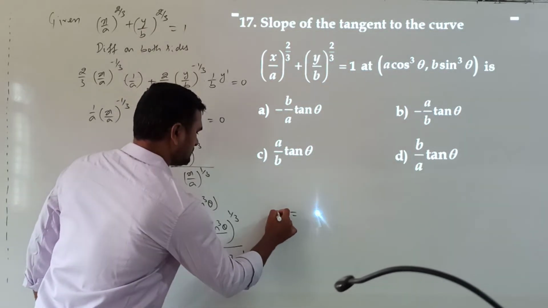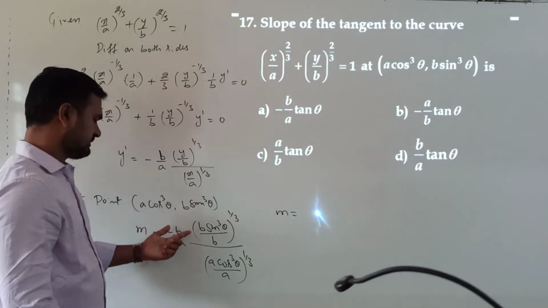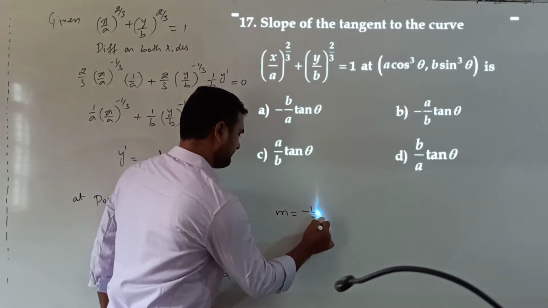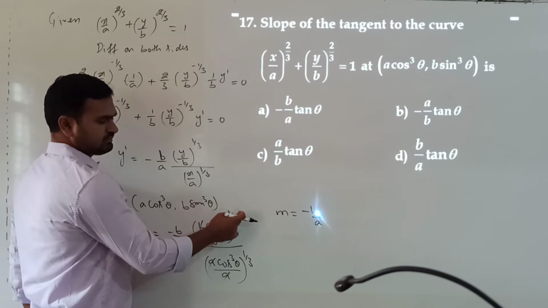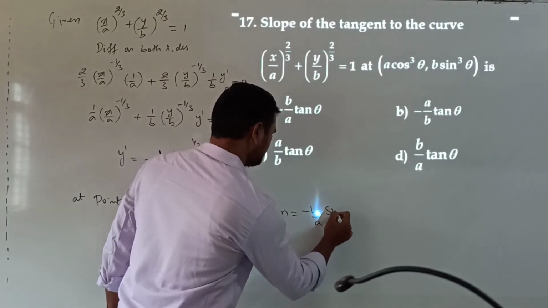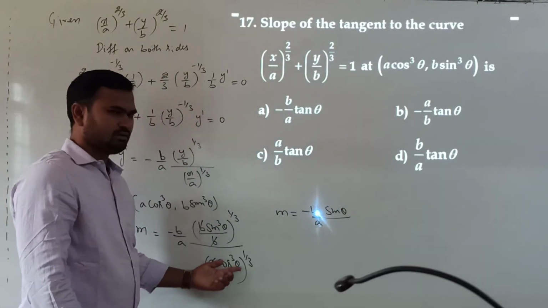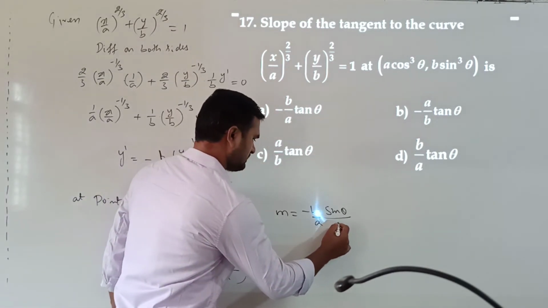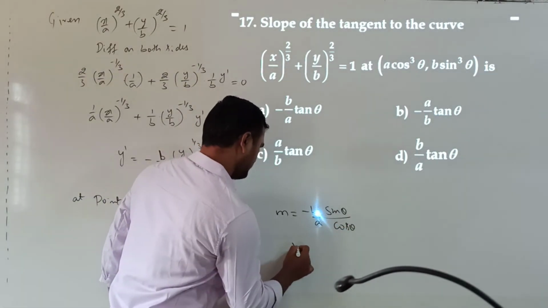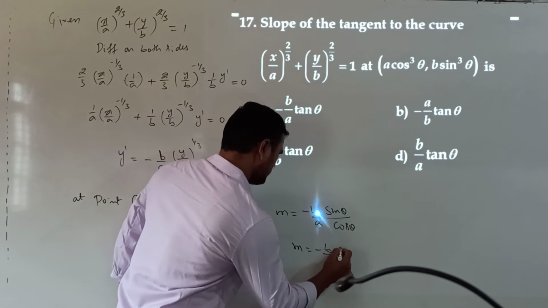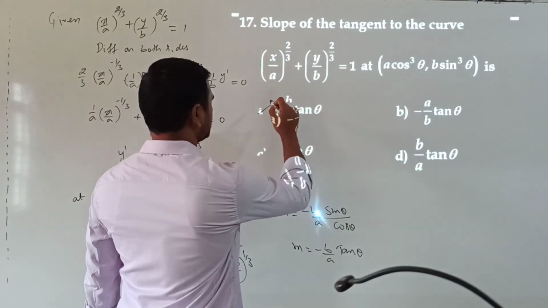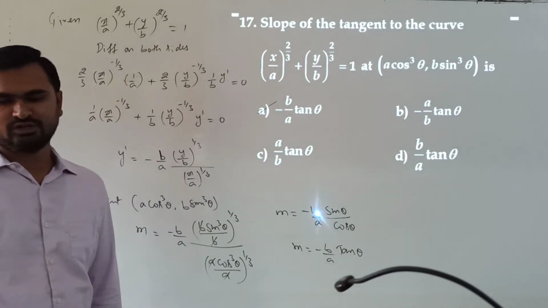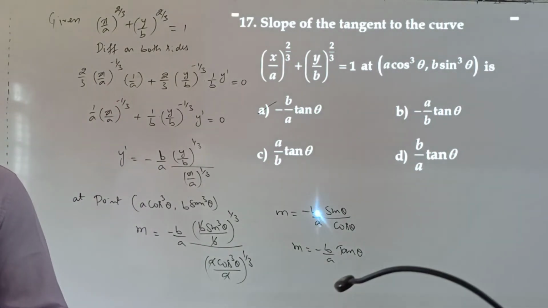So the slope of tangent m is given by minus b/a, here b cancelled and here a cancelled, (sin^3 theta)^(1/3) is sin theta divided by (cos^3 theta)^(1/3) is cos theta. So the required slope is minus b/a into tan theta. So the first option will be correct. Now see the next question.